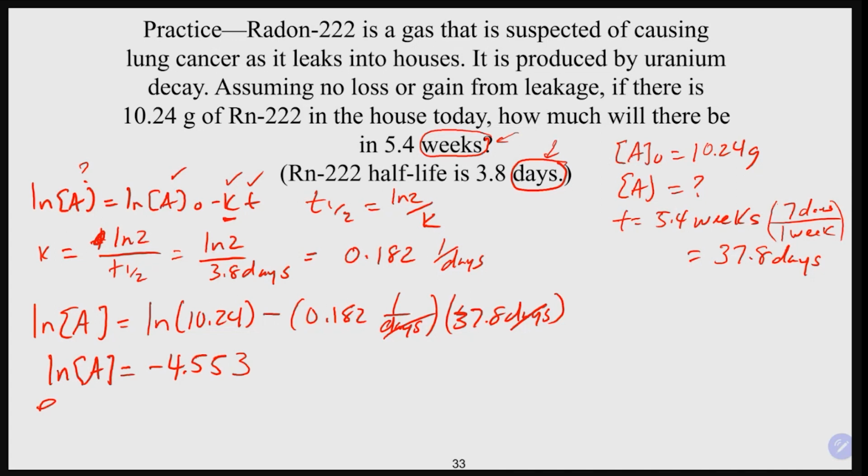At this point, we take e of both sides, and that cancels those out. We're not going to change any signs, it just stays the way it is, and we'll call it 0.011 grams in this case. Any questions on that?